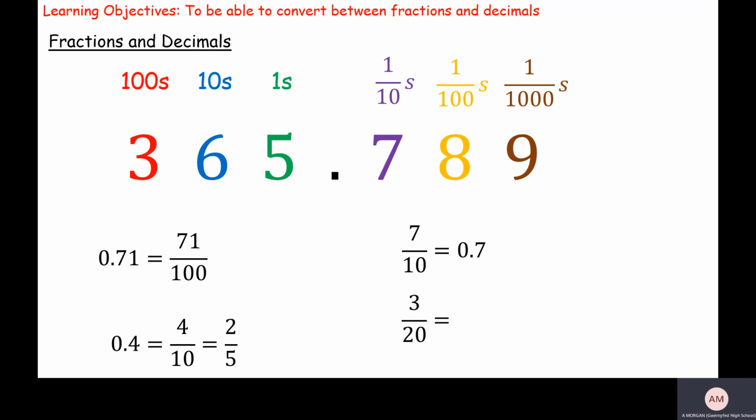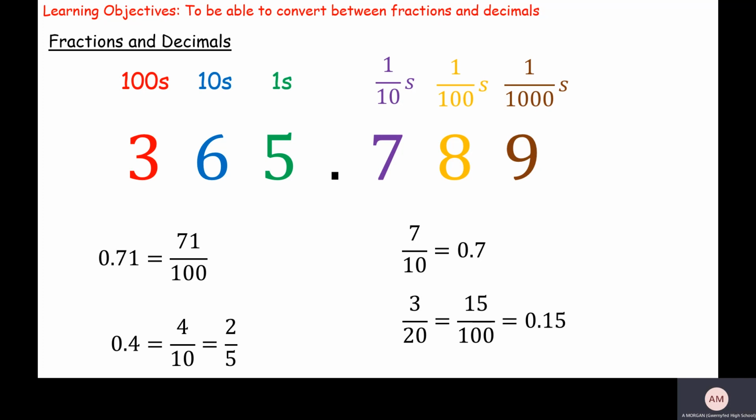If we do the same thing to the 3, we get 15 over 100. That's an equivalent fraction. Multiply the numerator by 5, multiply the denominator by 5. And now, because it's in the hundredths column, we can say that it's 0.15.